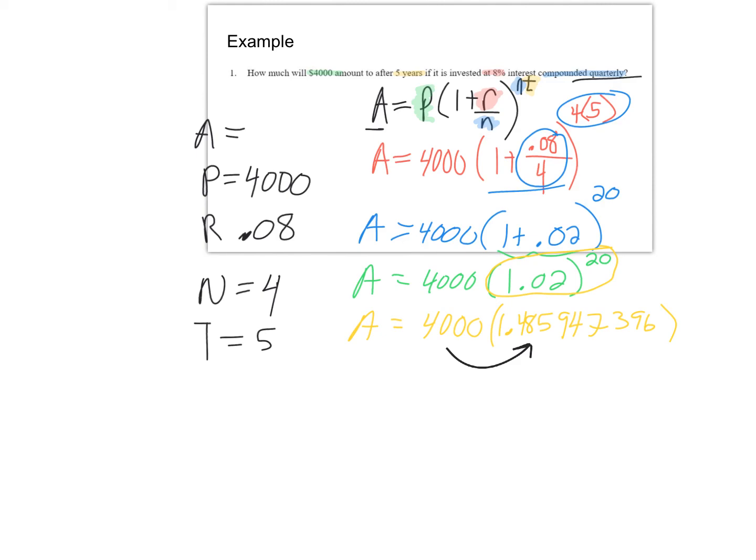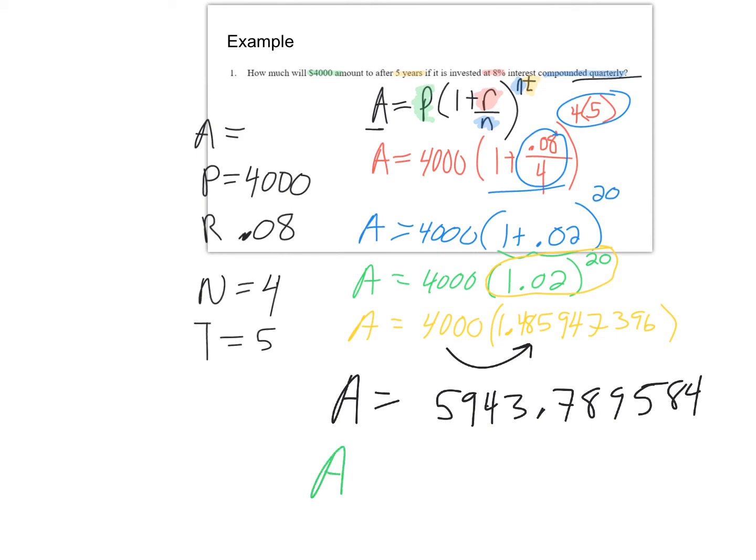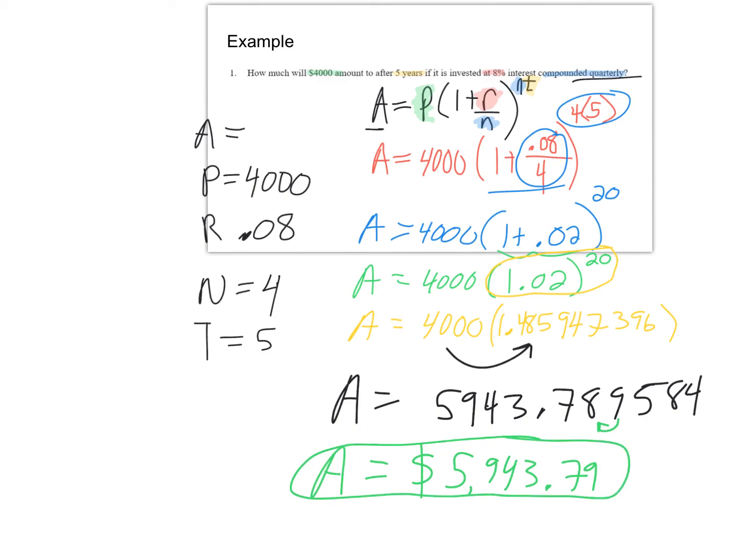So times that previous answer by 4,000 tells me I'm going to have 5943.789584. But realize, we're dealing with money, so I'm going to round to 2 places. So this is going to be $5,943.79. So that's how much is in the account after 5 years. Okay, so there's that one. All right, let's go to the next problem.